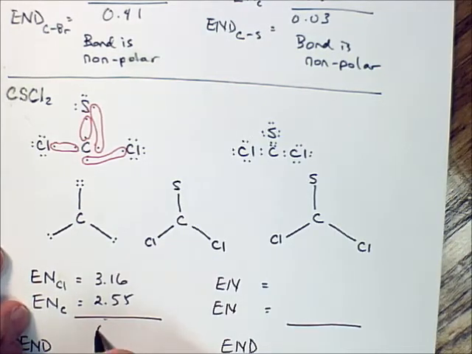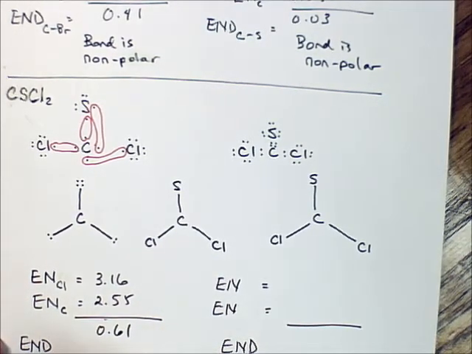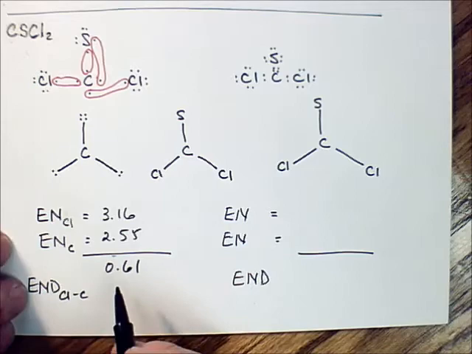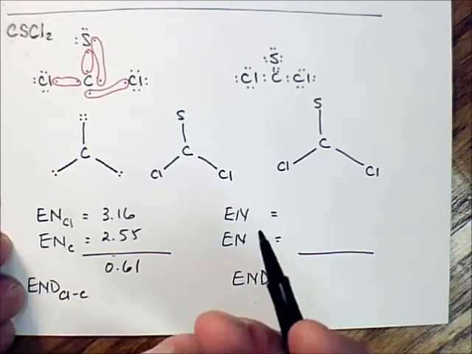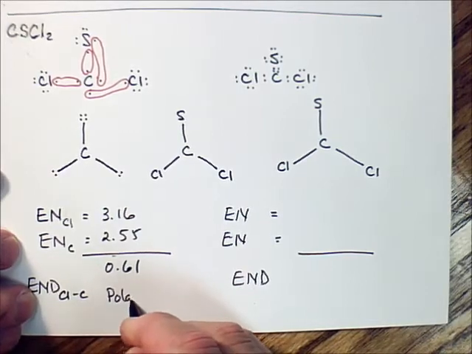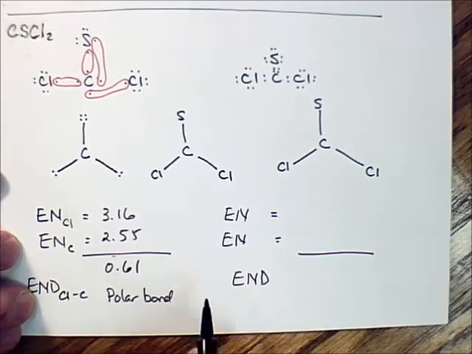So that's an electronegativity difference of 0.61 for the chlorine to carbon bond. Well, that's clearly polar. That's greater than 0.5, and that's the rule we use in my class. So this is a polar bond.